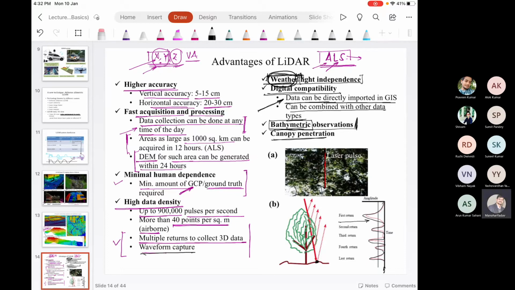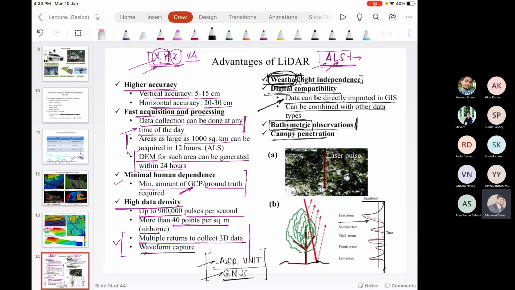Though if you see the LiDAR system, in the LiDAR system, we have a laser scanner unit. Along with the laser scanner unit, we have a GNSS as well. Though the complete operation I have not discussed, GNSS is a part of the LiDAR system, and the laser scanner is the basic unit.